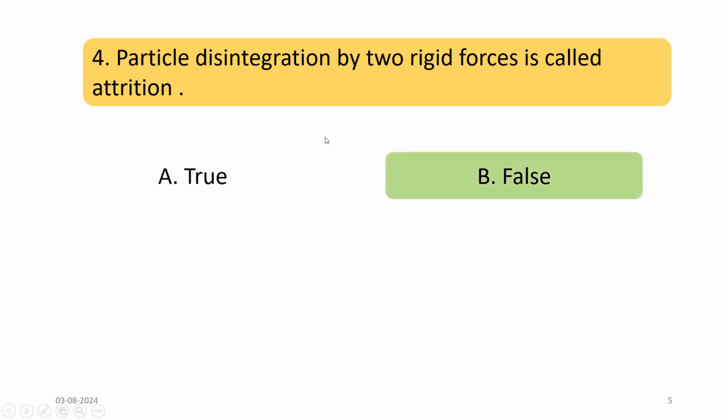No, it is called compression. When two rigid surfaces are giving pressure, then it is called attrition. Okay. So suppose there is one surface, rigid force. Two surfaces and two rigid forces. What is the difference between two surfaces and two rigid forces?